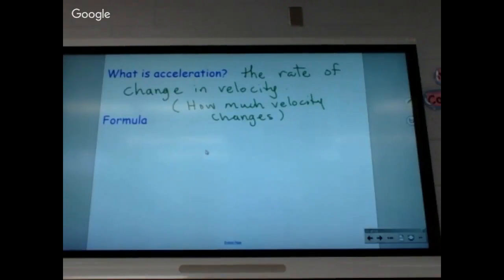Now, the way the state has given you this formula on your reference table, I'm really not crazy about, because it confuses a lot of people in some of the word problems.